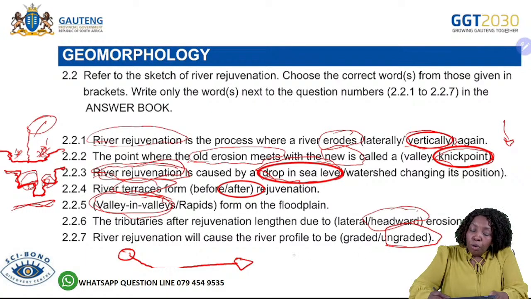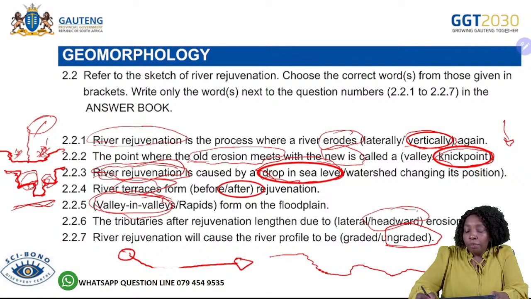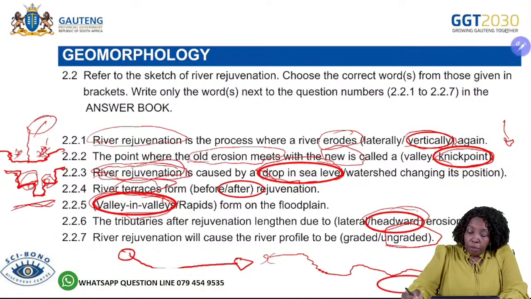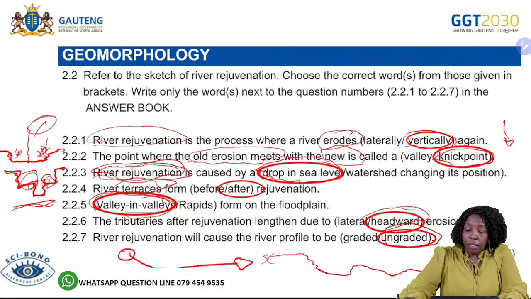So the river profile here would not be smoothly concave, but rather we would see a development of an uneven profile. When you look at it from the source to the mouth, it does not have a smooth shape. So river rejuvenation will cause the river profile to be ungraded. The correct answer for this last one is ungraded.